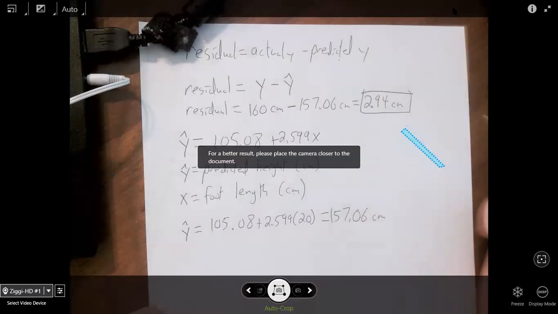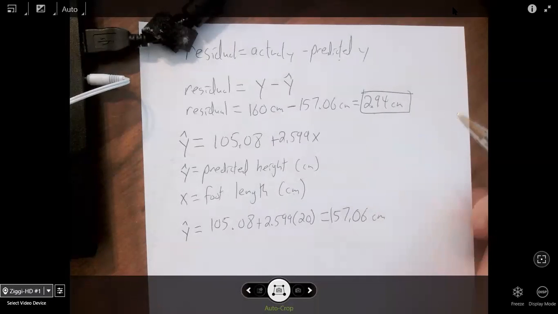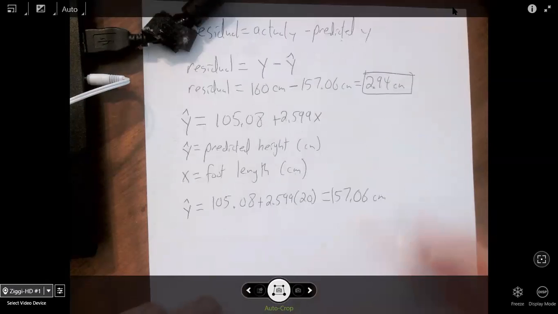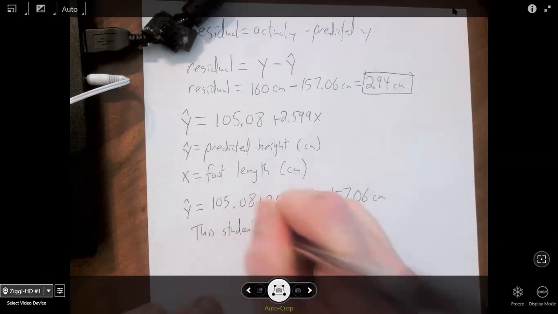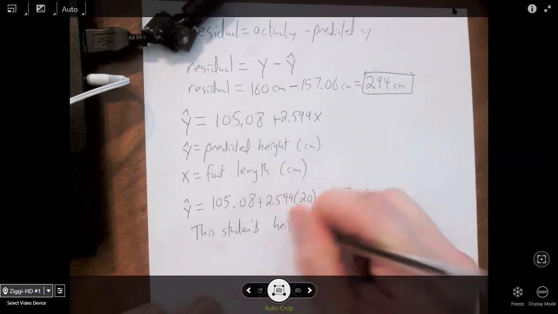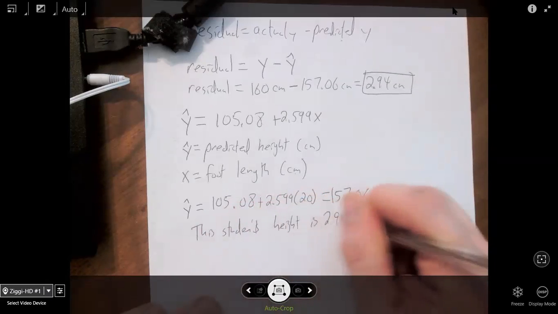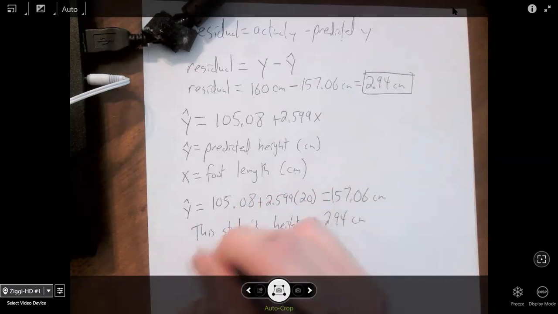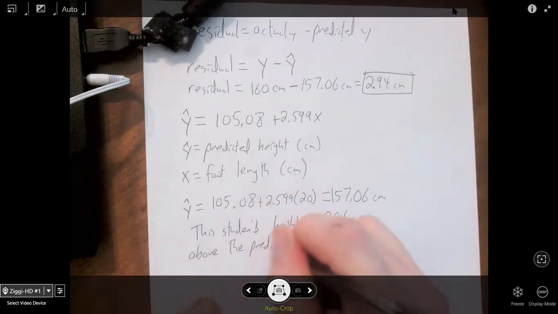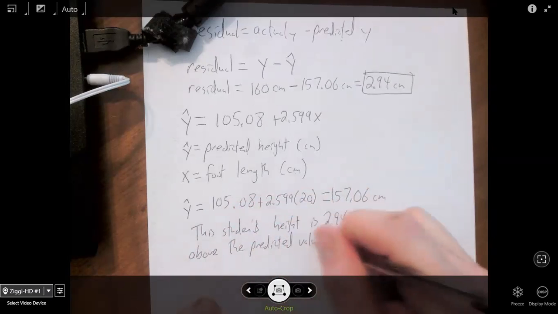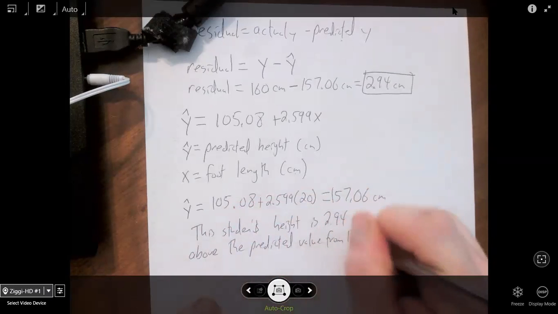Too low. Right. This student's height is 2.94 centimeters above the predicted value from the regression line.